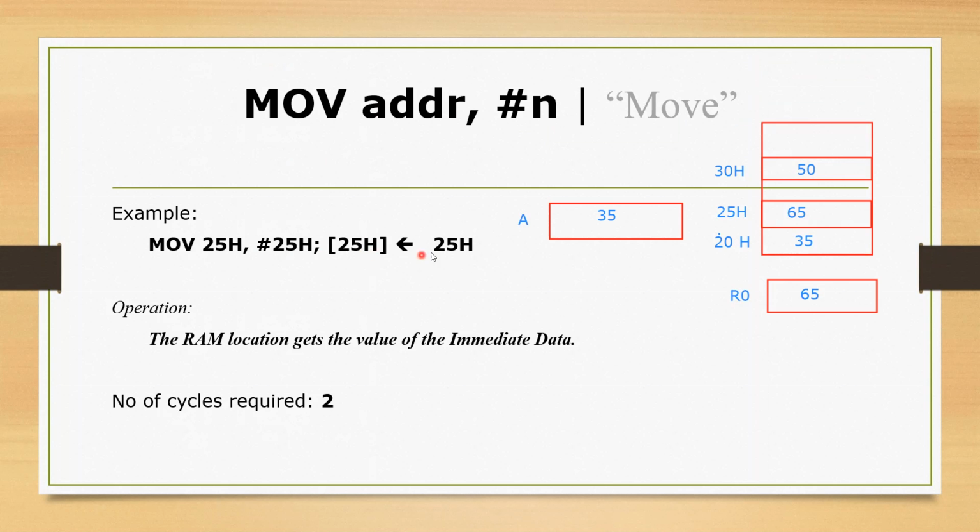So to the memory location we are copying the immediate data 25. The location 25 will get the value 25. That is, the immediate data 25 is loaded to the memory location 25 hex.